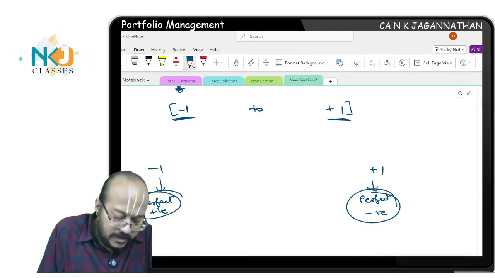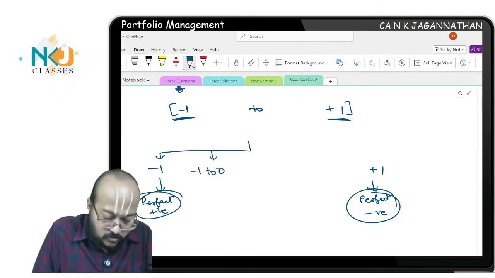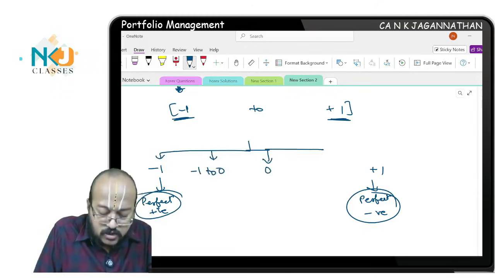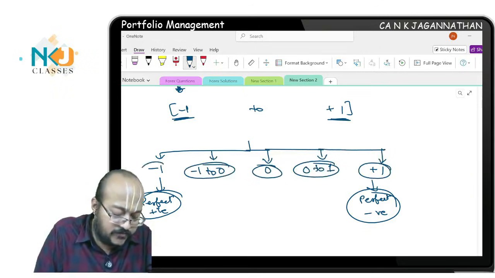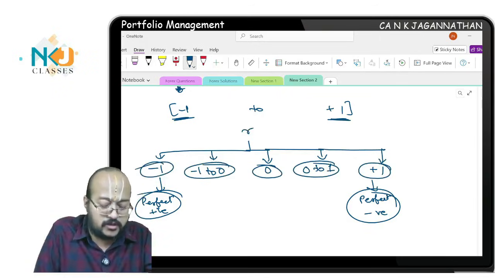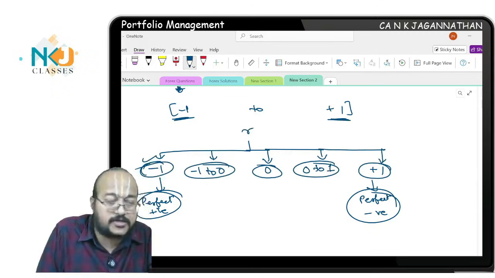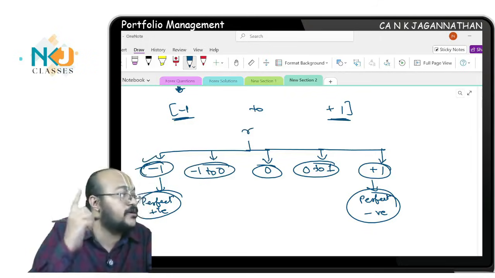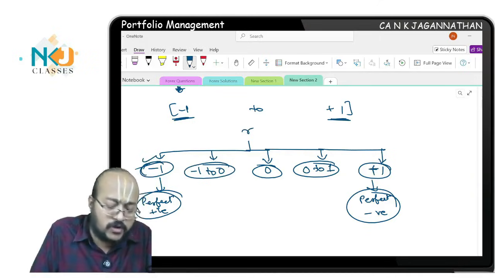Then there is -1 to 0, then there is exactly 0, then there is 0 to +1, then there is exactly +1. Are you all understanding all these options? 5 different possibilities. When the correlation is exactly -1, it is perfect negative correlation. When the correlation is exactly +1, it is called perfect positive correlation.